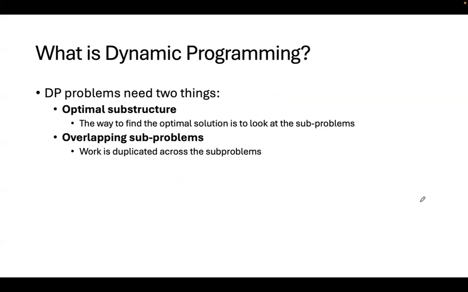And then overlapping subproblems, which means that there's work that's duplicated among the subproblems. So first, if you can find what the subproblem is, then you see: do we have to do this work twice or more than once? And if that's the case, then dynamic programming is the best approach.